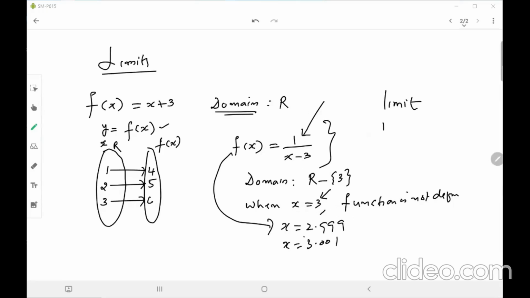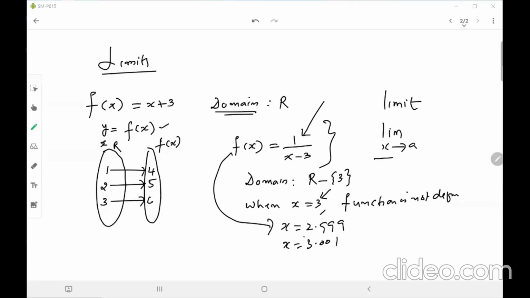So, whenever I write the limit as x tends to a, the meaning is the value of x is not exactly equal to a. The value of x can be a point very near to a. It can be from the left side or it can be from the right side.